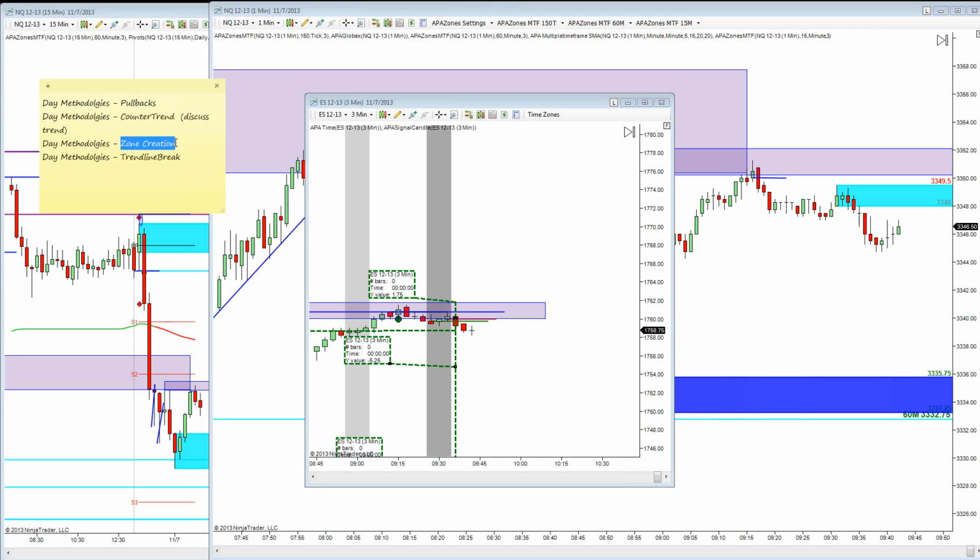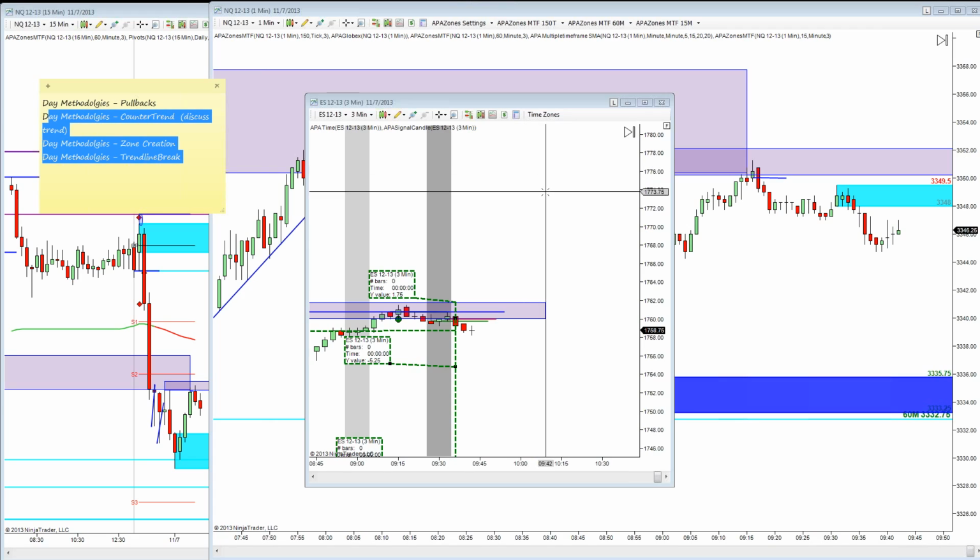And then we're going to be looking at zone creation methodologies and trendline break methodologies. When we look at these types of trades, it's all going to be price action based.